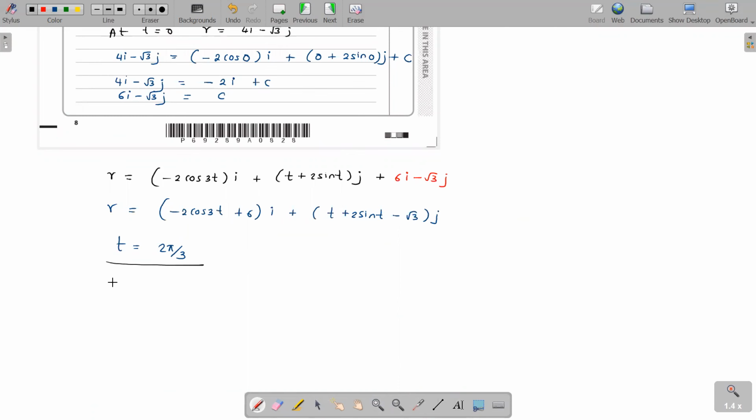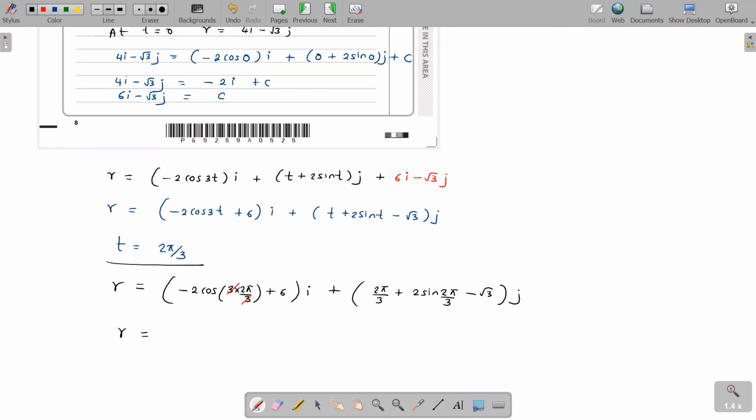So now get the position vector: r equals minus 2 cos 3 times 2 pi over 3, plus 6i, and t is 2 pi over 3 plus 2 sine 2 pi over 3, minus root 3 j. Now don't type everything in the calculator, do it separately. Here 3 and 3 cancel. I end up getting r equals minus 2 cos 2 pi.